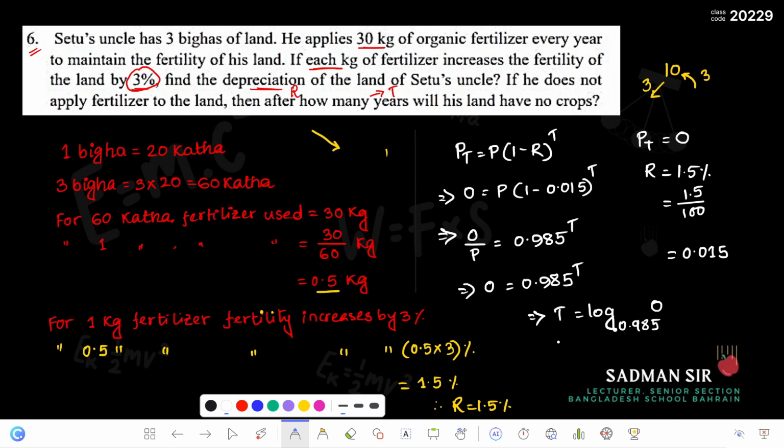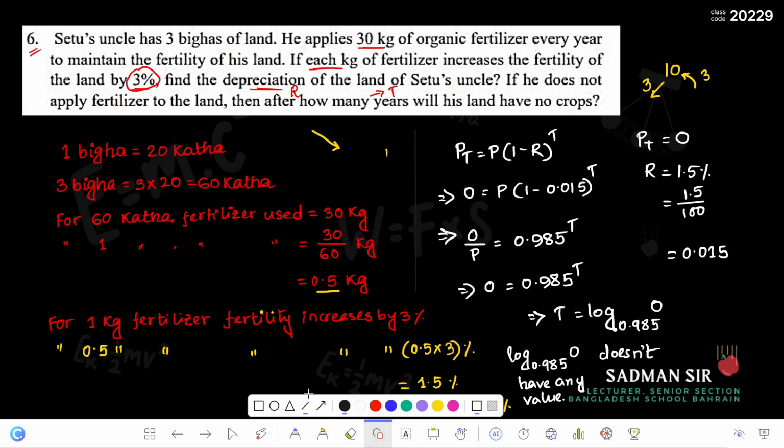So this one you have to explain in this way, that log base 0.985 of 0 doesn't have any value. So if this does not have any value, then what will happen?